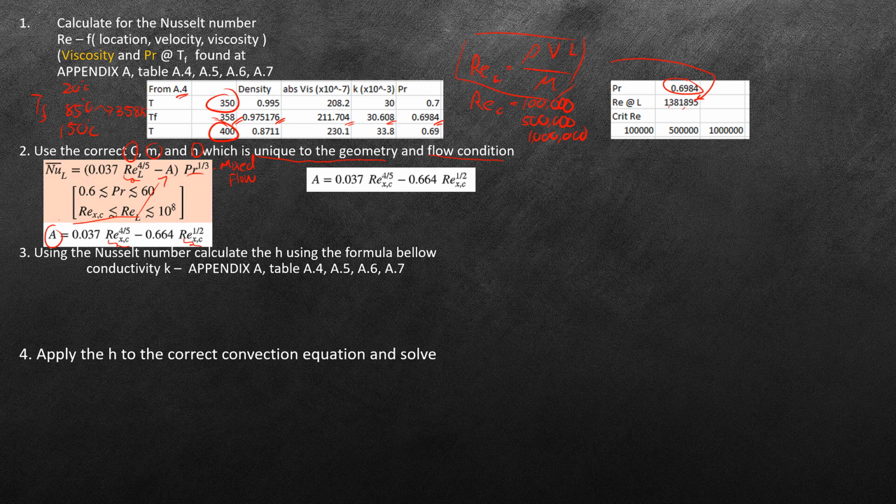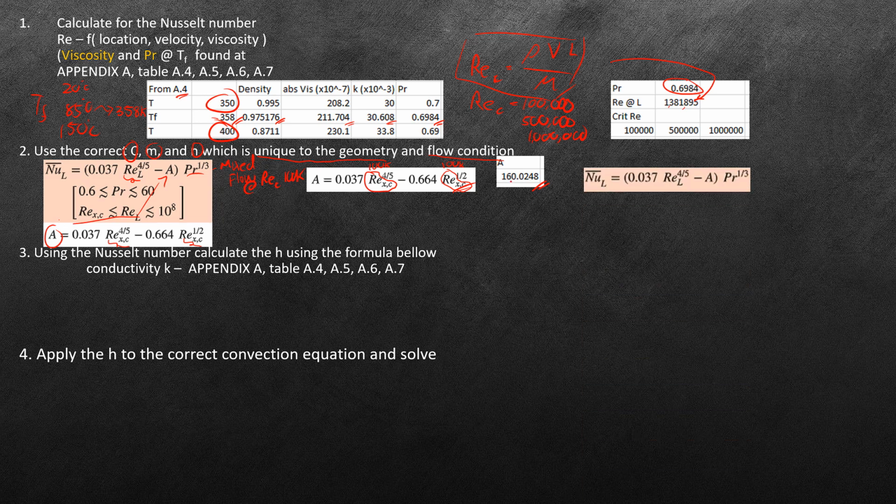So first, let's apply this to a critical Reynolds number of 100,000. So using the formula, A is equal to this following expression. Substituting 100,000 for Re sub c will give us a corresponding value of 160.0248.